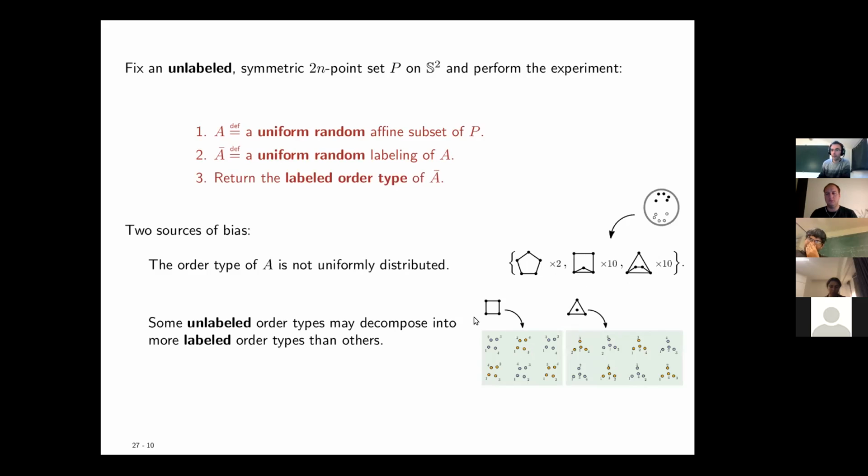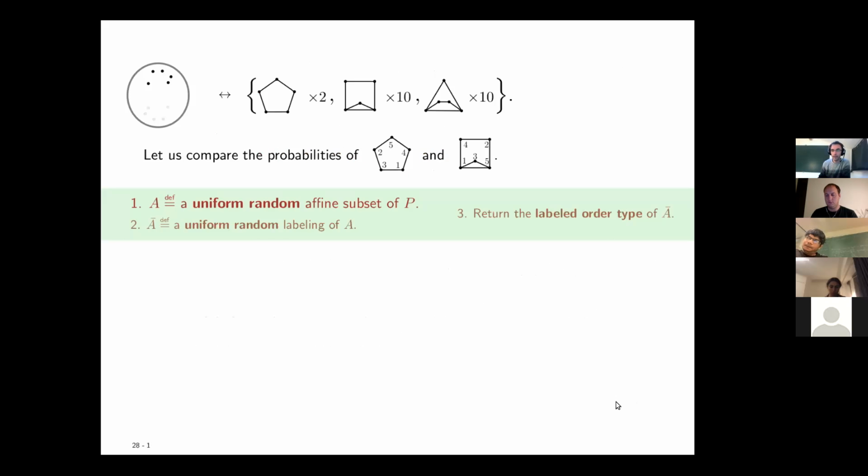That means that conditional on A being a square, each order type has a probability 1/6. And here, each order type has a probability 1/8. And it turns out, and this is a rabbit out of the hat, that those two biases cancel each other out perfectly. So let me illustrate this with a simple example computation. Let's do this for 5 points, and let's compute the probability that your A bar is exactly this labeled order type.